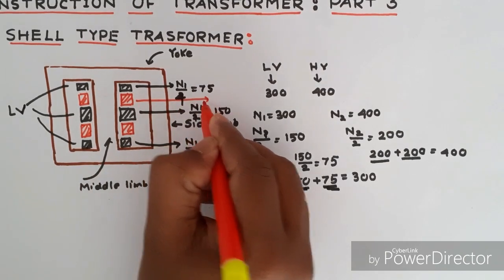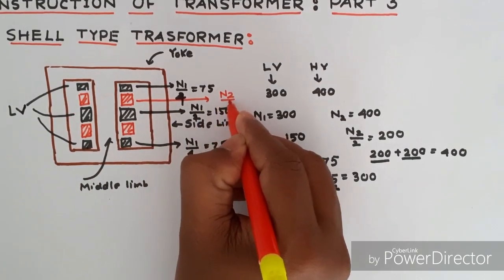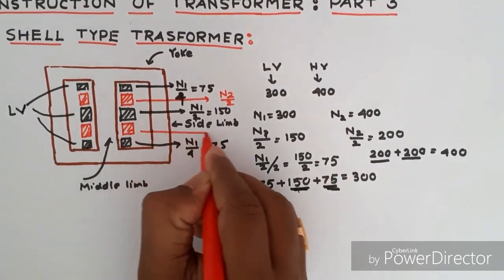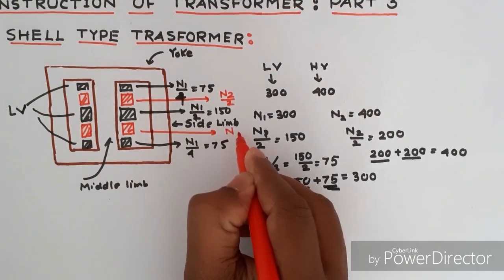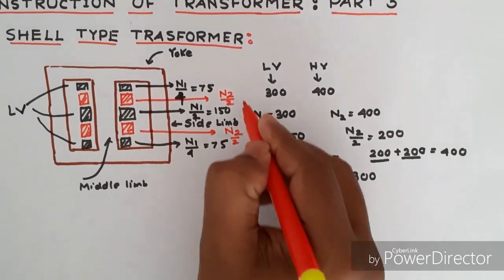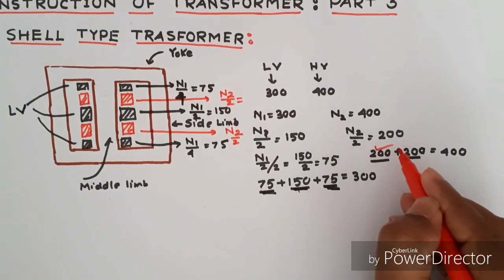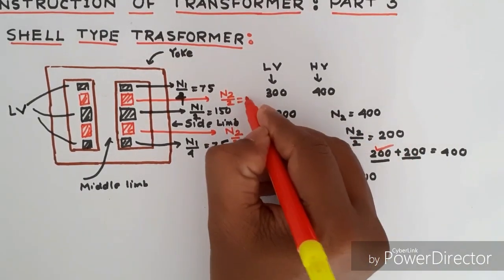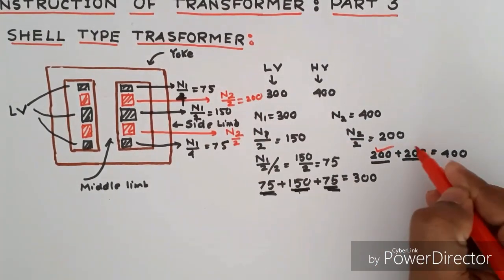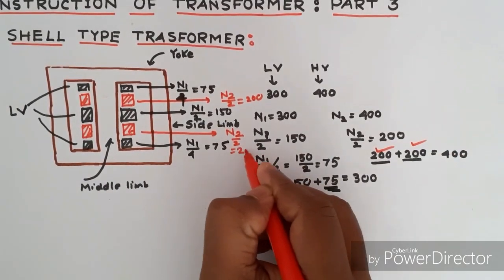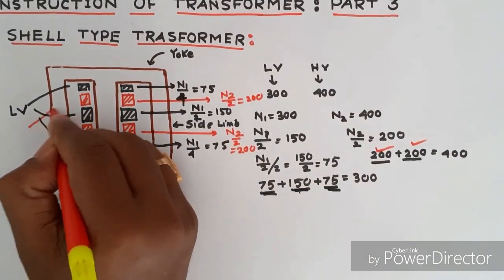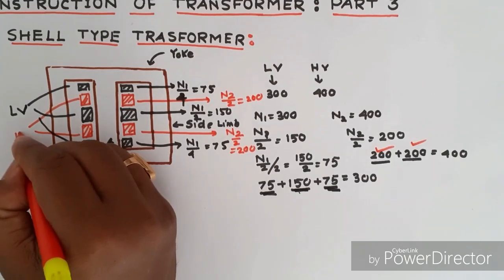Each has a number of turns of N2 by 2, equal to 200. And this is HV winding.